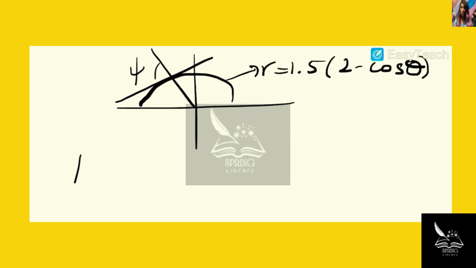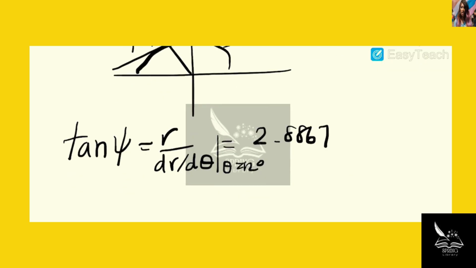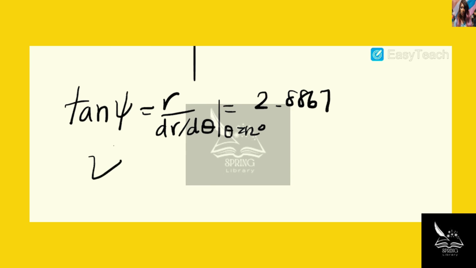We can use this by saying that tan of psi is equal to r divided by dr d theta. Evaluating this at theta equal to 120 degrees gives us that tan of psi is equal to 2.8867. Therefore, we can solve that psi is in fact equal to 70.89 degrees. And this is going to be very useful for us in our free body diagram.